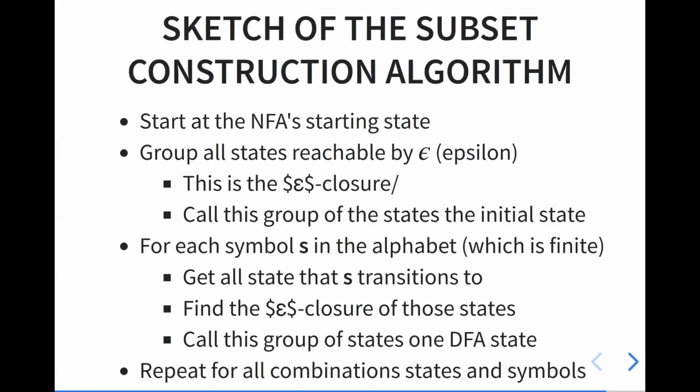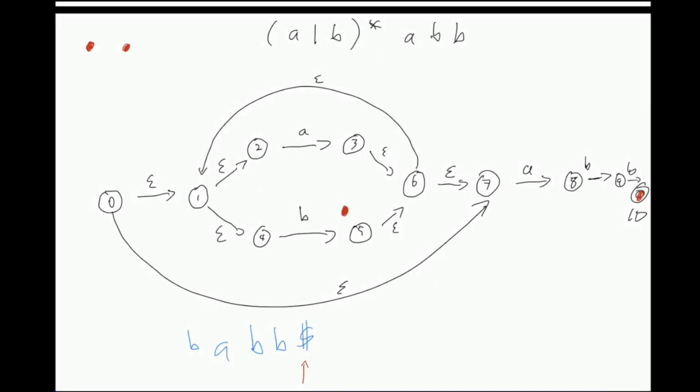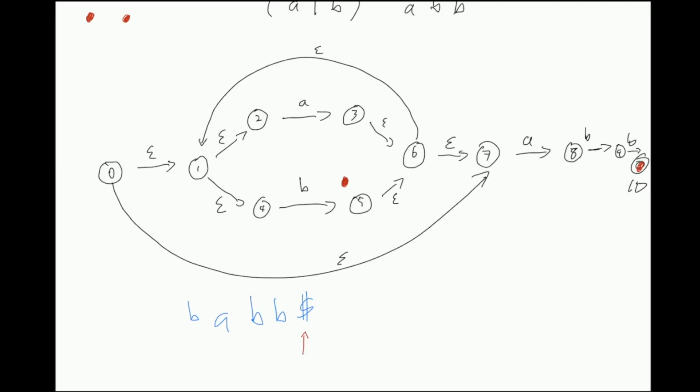Okay, so let's do the subset construction algorithm for this example that we have here. Let me get rid of these current states. We're not reading the input anymore.